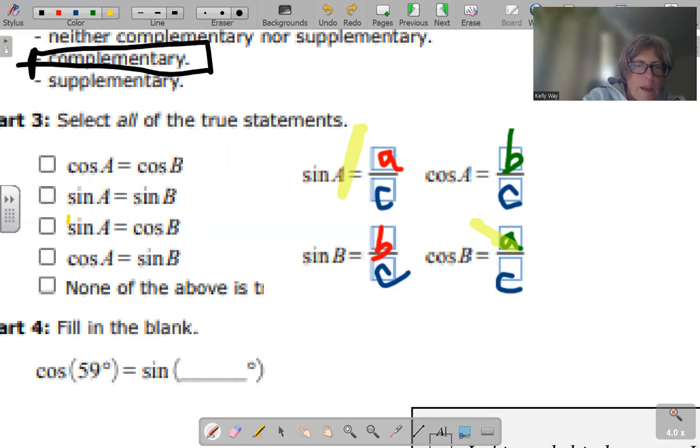Right here. Sine of A is the same as cosine of B.